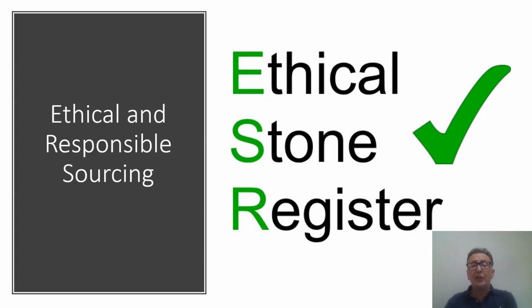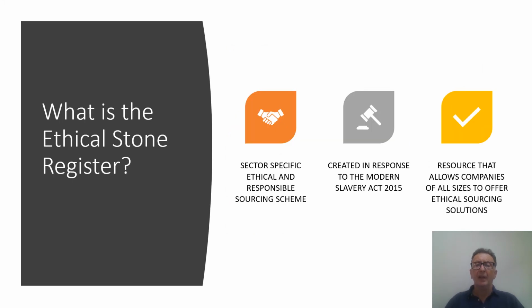The Stone Federation is the driving force behind the Ethical Stone Register. This is an important scheme that looks at the sustainability credentials of both companies and products as we move into the future with the supply of natural materials. The Ethical Stone Register, or ESR, is a sector-specific ethical and responsible sourcing scheme for natural stone.